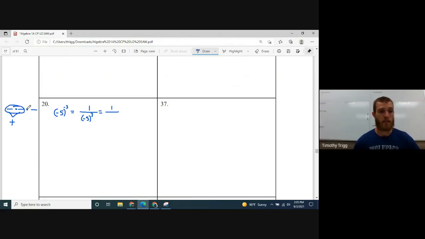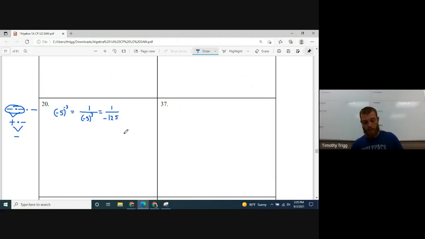Then we have a positive times a negative, which should give you a negative. So 3 negatives multiplied together give me a negative. Then we want 5 to the 3rd power, which is 125. I hope that made sense.